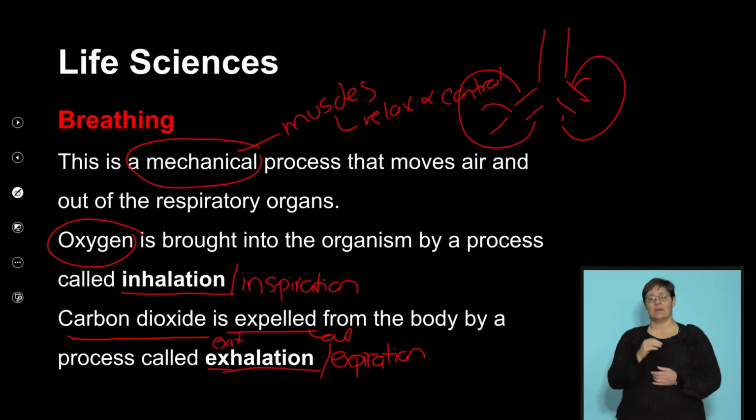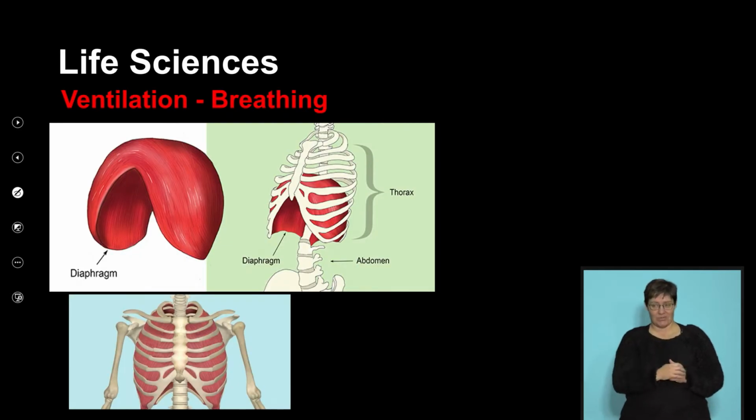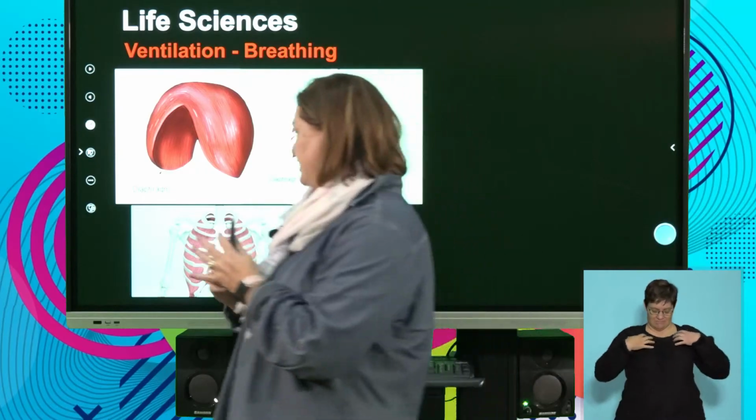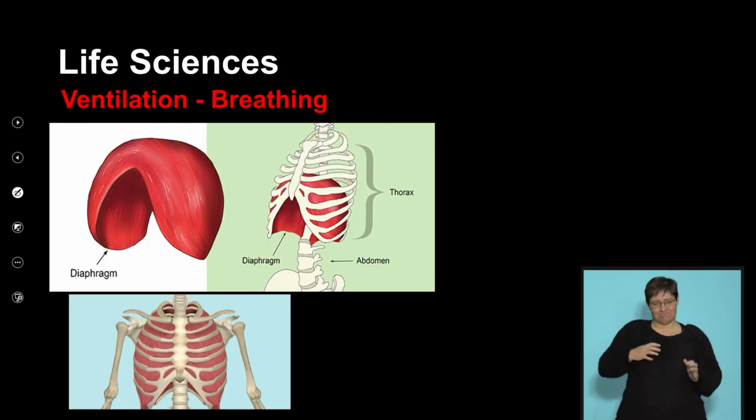Okay, so when we look at the process of breathing, we need to use muscles. The lungs don't have muscles, but what they do have is a thoracic cavity. Now, if we have a look over here, where do we get muscles? I've got this beautiful big diaphragm at the bottom, covering, it's a muscle.